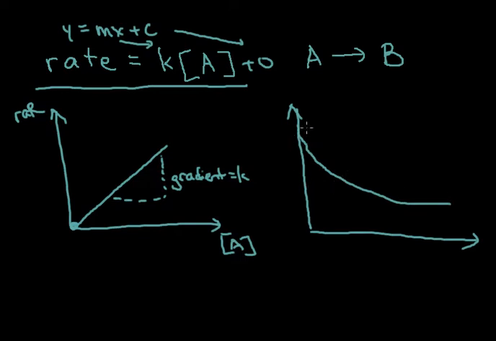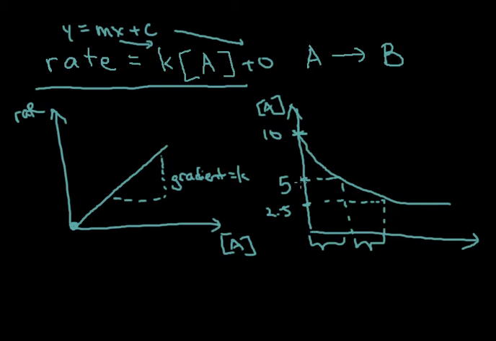So half-life is, let's say the concentration started at 10. Half-life is from 10 to get to 5, or 5 to get to 2.5, right? And we know that this has to be a constant. If it's a first order reaction, this t half is the same as this t half. And that's how you test whether something is first order or not. It's by checking the half-lives.